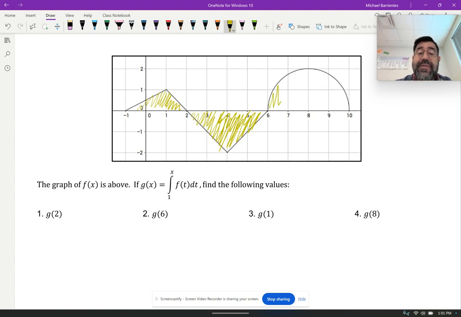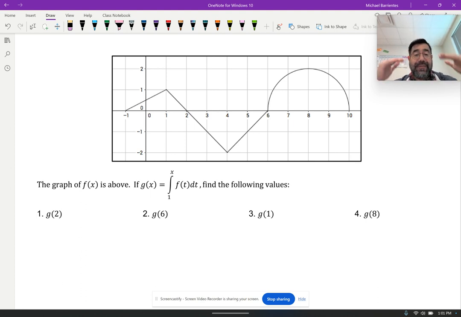And then this accumulation over here is positive. So I've got to be careful with where my shading is. If it's under the x-axis, I've got to treat it as negative accumulation. And even though I can find the area using the area formula, my definite integral value is going to be negative if it's under.